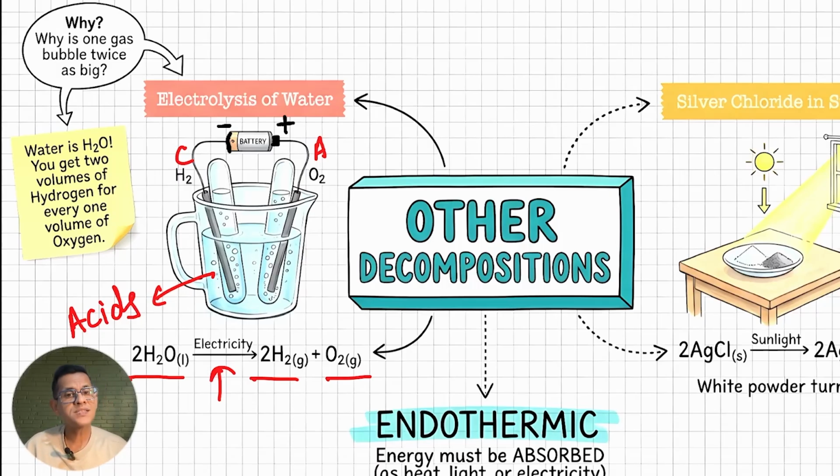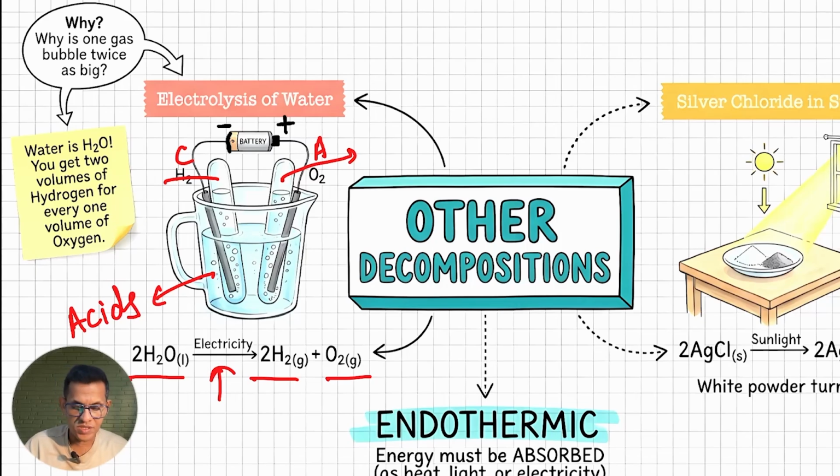Once you pass electricity through this setup, you'll observe that water starts splitting into hydrogen and oxygen. How will I be able to know this? I'll start seeing bubbles, as you can see in the diagram, and both these gases, hydrogen and oxygen, will start collecting in these test tubes.